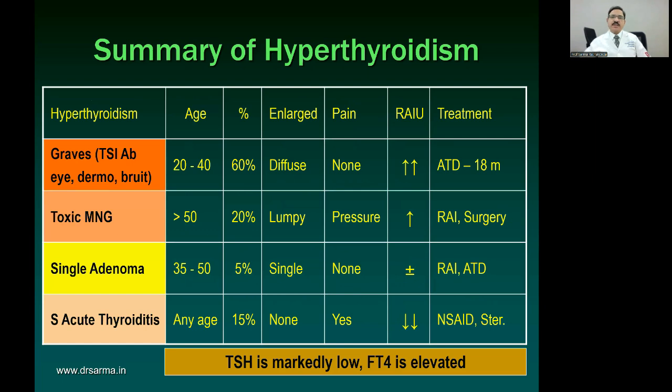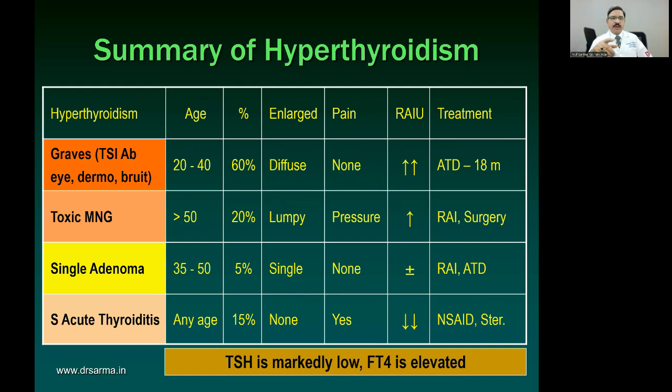Now, this is the summary slide. There are 4 conditions. The red one is Graves, next is MNG, next is the single toxic adenoma, and SAT is the last.